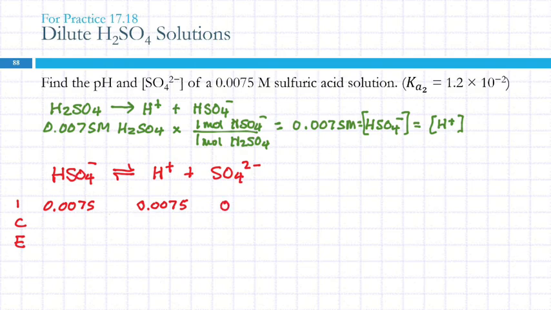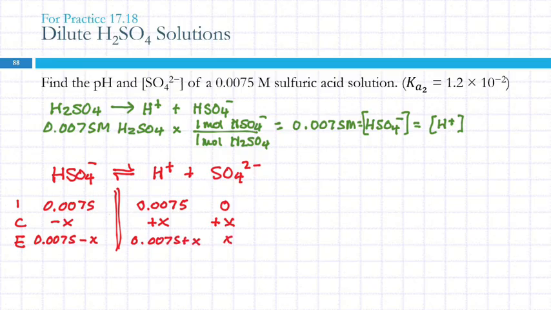So now we put the X's in, we're back in more familiar territory. This one has a 0, so it's got to be plus X. So this one has to be plus X, and that one's minus X. Write the equilibrium constant expression. So Ka2 is H plus times SO4 2 minus, divided by HSO4 minus.